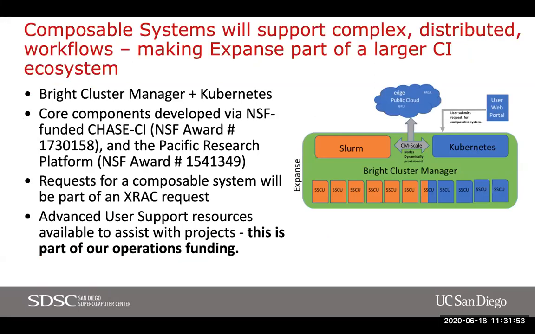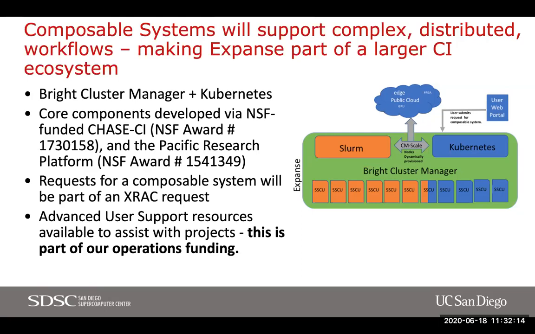The other piece that we are going to bring on with Expanse is composable systems. If you have a complex workflow that needs resources beyond what's available on Expanse, but you want to integrate all of it into one composed system, we are looking into making that feasible.